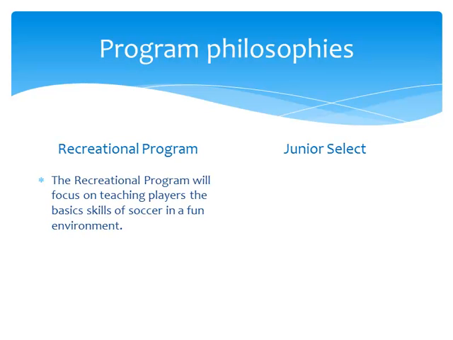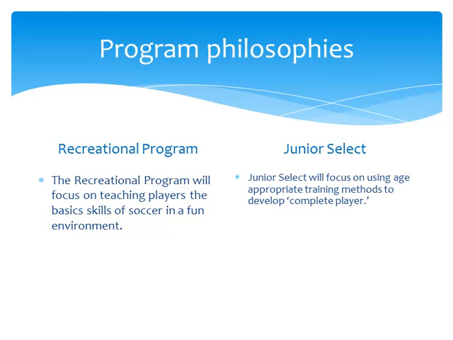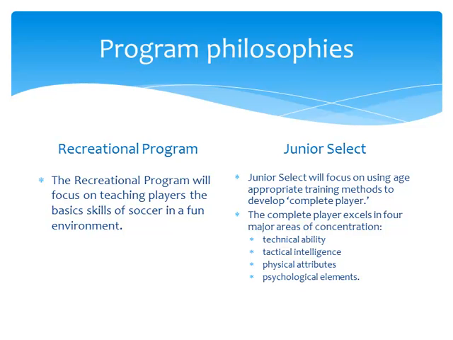So there's a difference between the program philosophies. We'll start with the recreational program. The recreational program focuses on teaching players the basic skills of soccer in a fun environment, whereas the junior select program focuses on players' development. We're going to use age-appropriate training methods to develop the complete player. The complete player excels in four major areas.